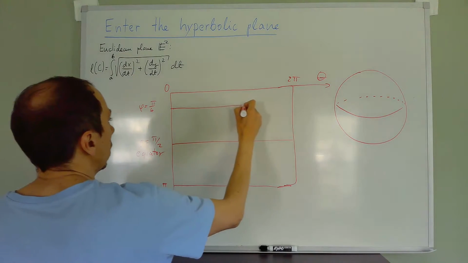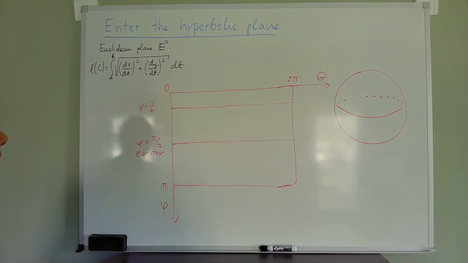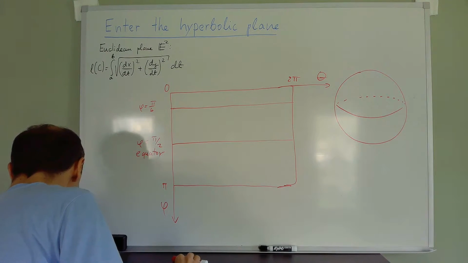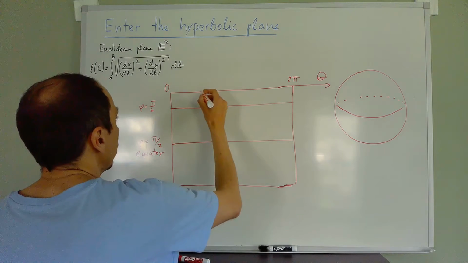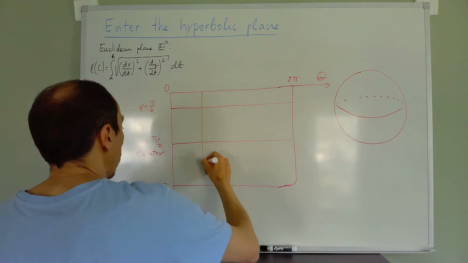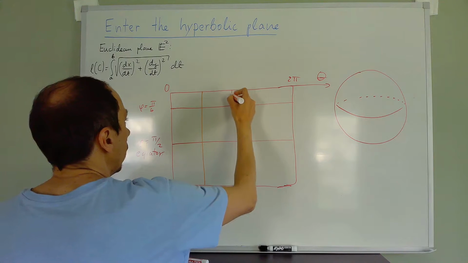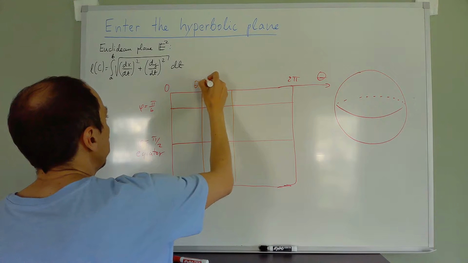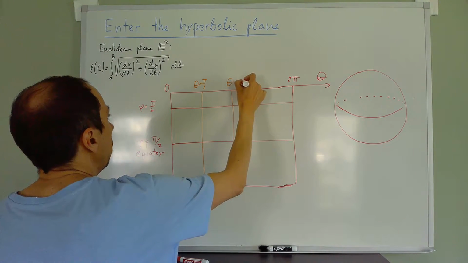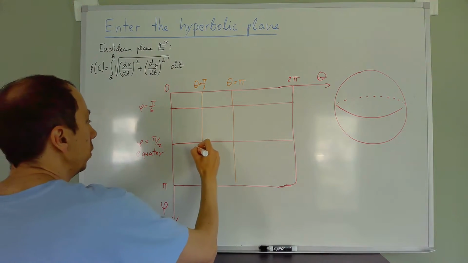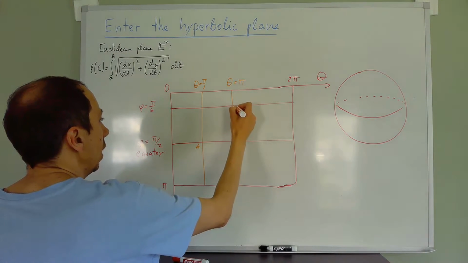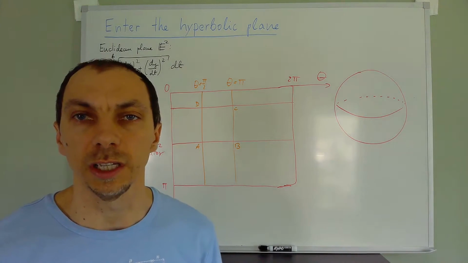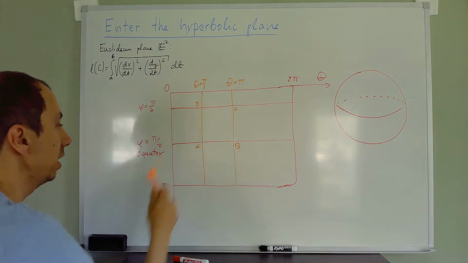We had this other line here, and we also did some vertical lines. So this was theta equal to pi halves. This was theta equal to pi. And we, for example, computed the lengths of the sides of this rectangle here, A, B, C, D.